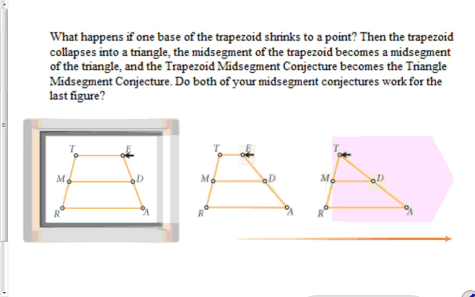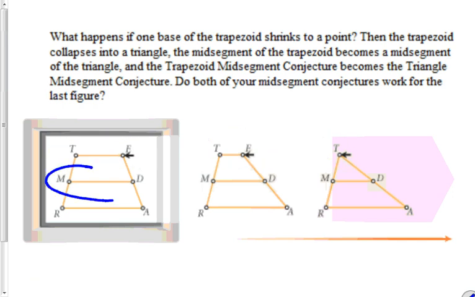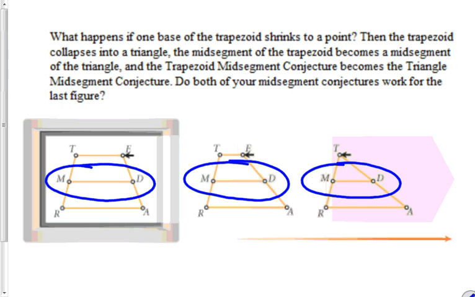So let's look at the diagrams here. They have this side, it looks like TF. And F is moving towards T until they become the same point, and the trapezoid becomes a triangle. And the midsegment of the trapezoid, MD, shrinks as well until it becomes the midsegment of the triangle.